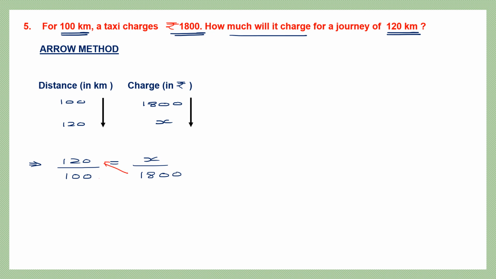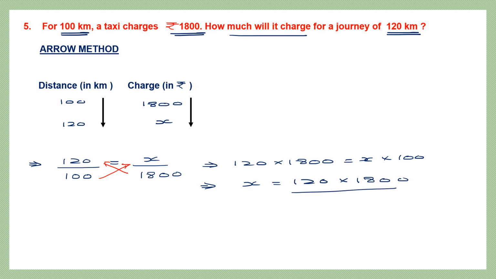So now we have to cross multiply. So we cross multiply this, and what do we get when we cross multiply? We get 120 into 1800 is equal to x into 100. Now we are going to find the value of x. We can say x is equal to 120 into 1800 divided by 100.